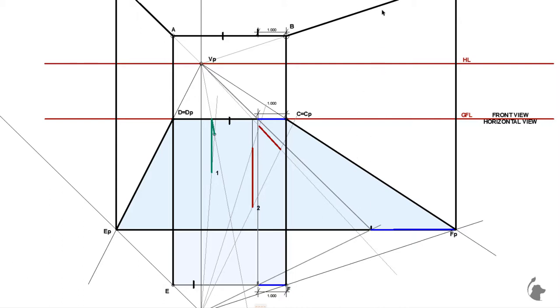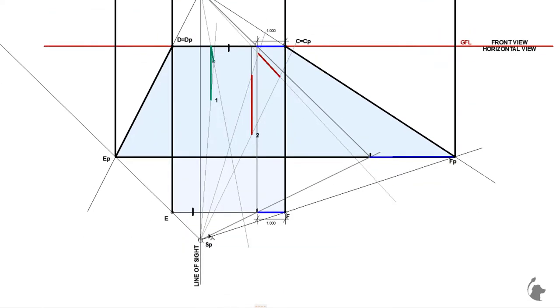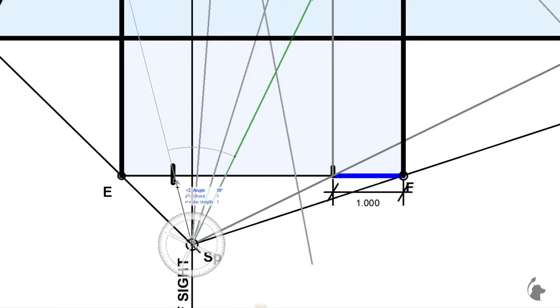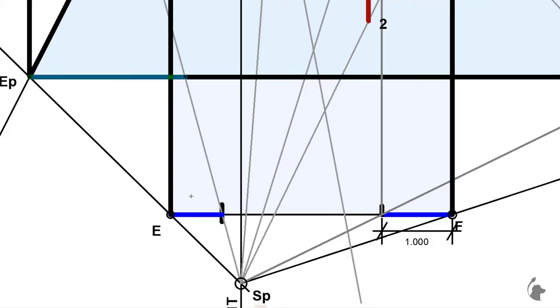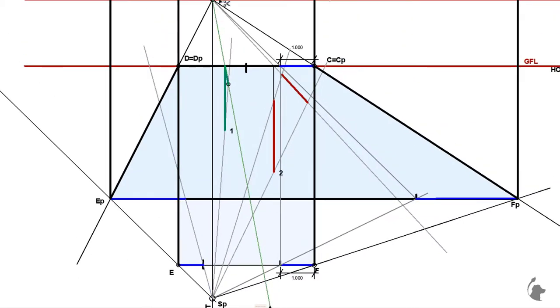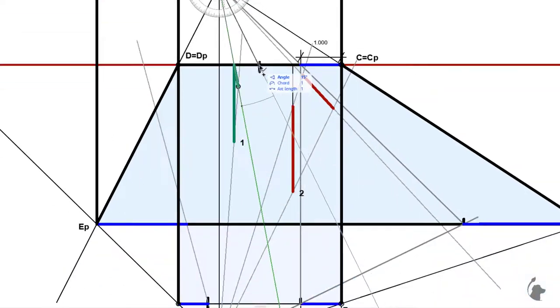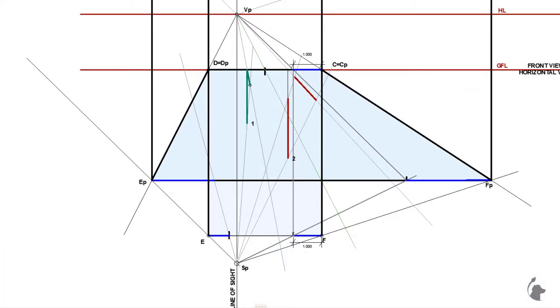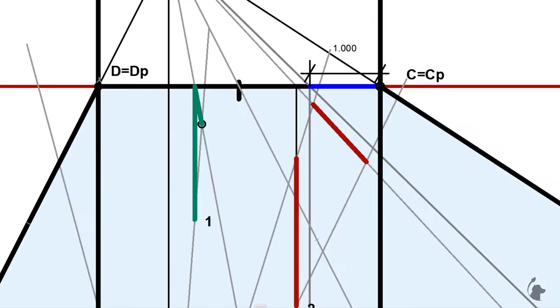They should, right? We'll first measure what we just learned. So to bring this point from EF in perspective, we just need to draw a line from SP. We'll bring it up to EPFP, and this is where that distance hits. Now let's draw this one from CD. We'll drag this distance from V, and it hits right over here.